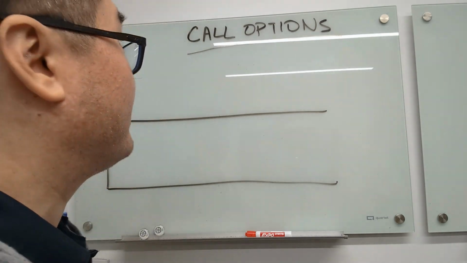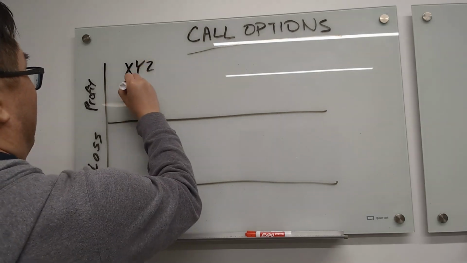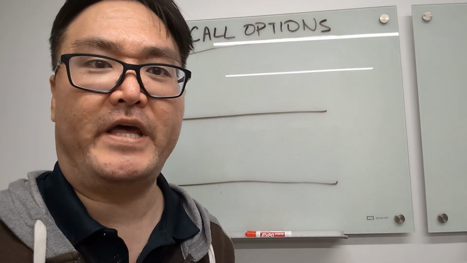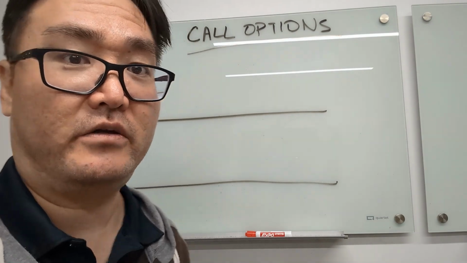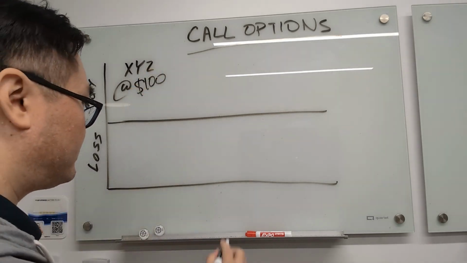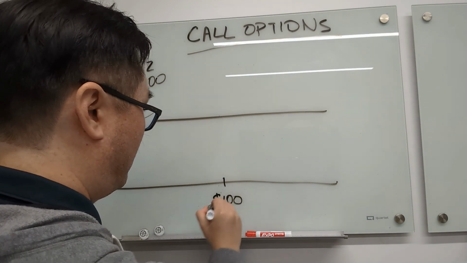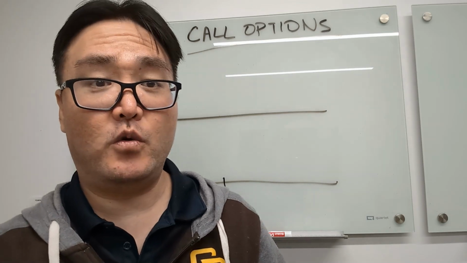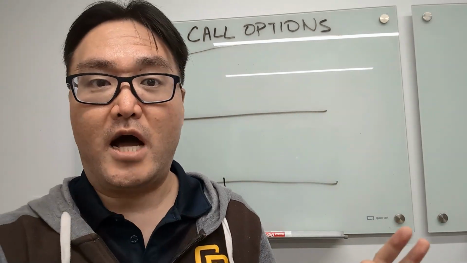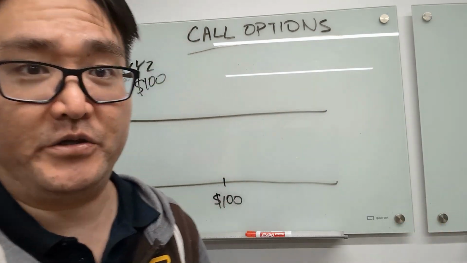Let's assume that right now you're interested in buying XYZ stock, and let's assume that this stock is priced at $100. Let's also assume that you want to buy a call option with a strike price of $100.